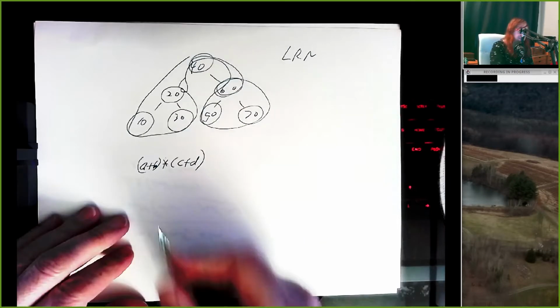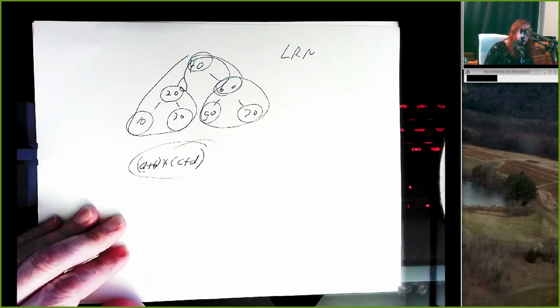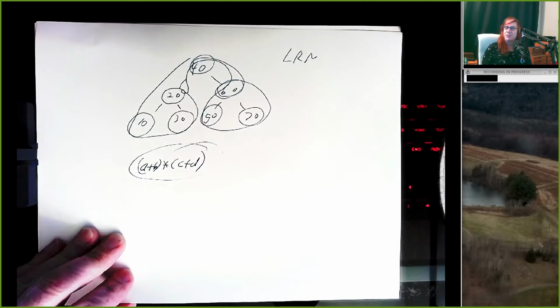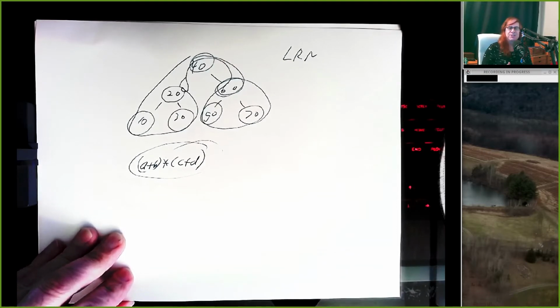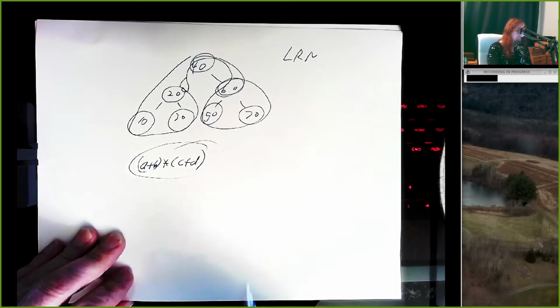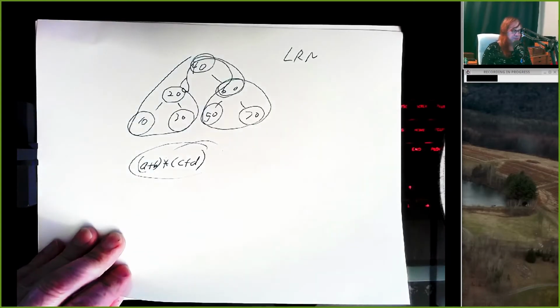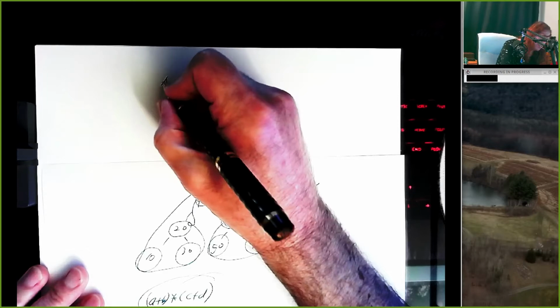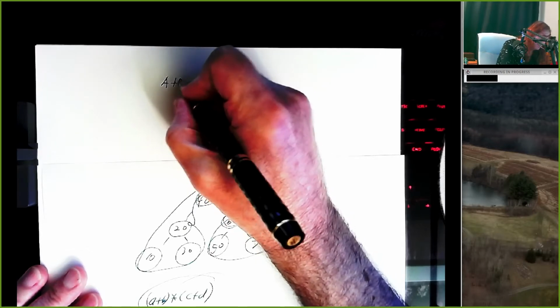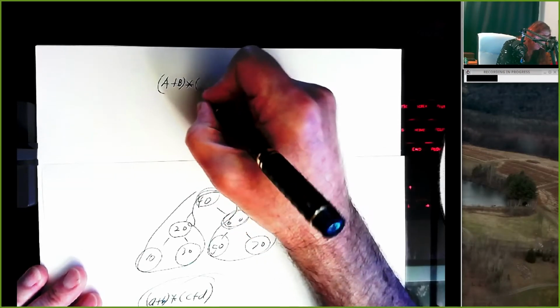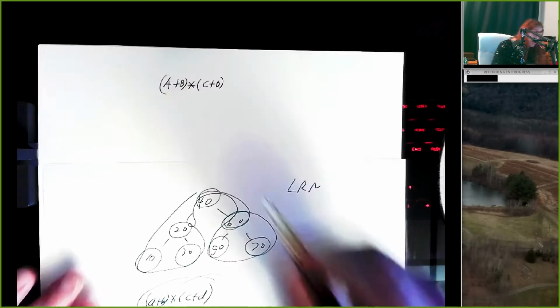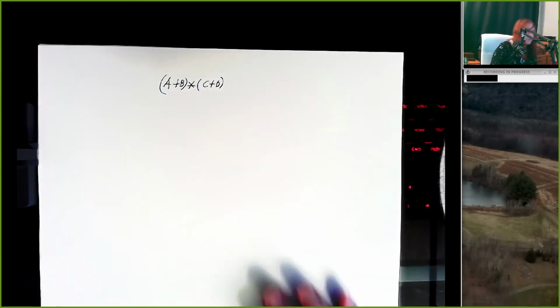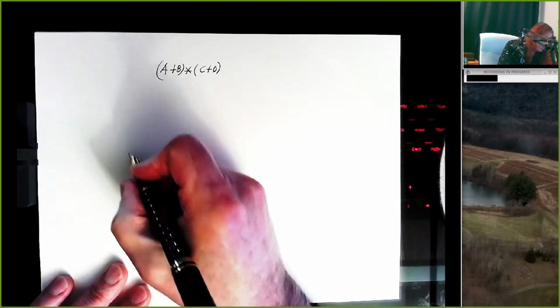So we can describe this operation using a binary tree. And it won't be a binary search tree because there's no ordering involved here, but we can make a binary tree to represent this expression. So let's say we want to do, I'll do uppercase letters, A plus B times C plus D. And we can represent this with a tree as follows.